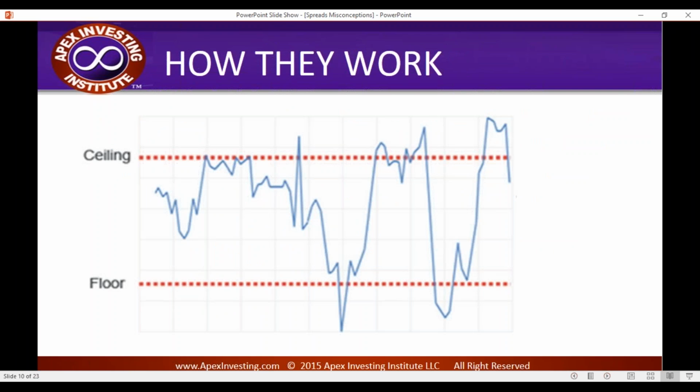Let's do a quick review here. I like to call spreads boxed spreads because if you draw them on a chart, they look like a box. Spreads have a top and a bottom, what's known as a ceiling and a floor. Let's look at an example. Say this was a Euro Dollar, and this particular spread had a floor of 1.2400 and a ceiling of 1.2500.